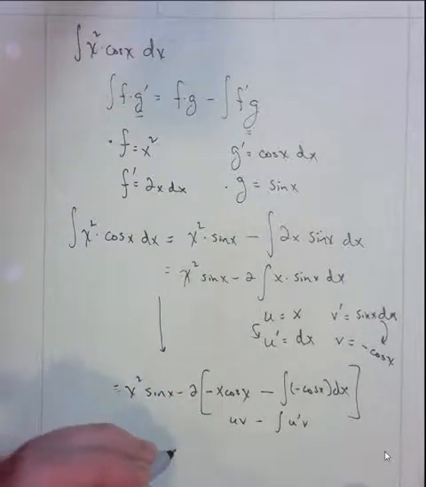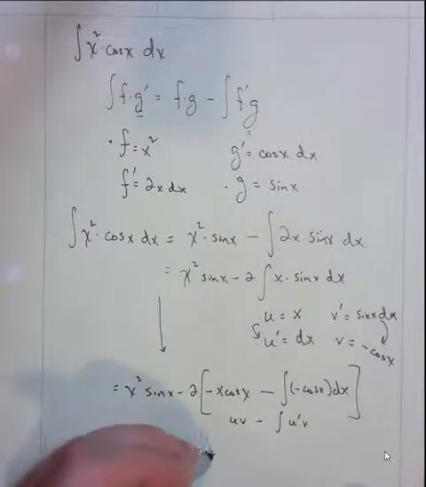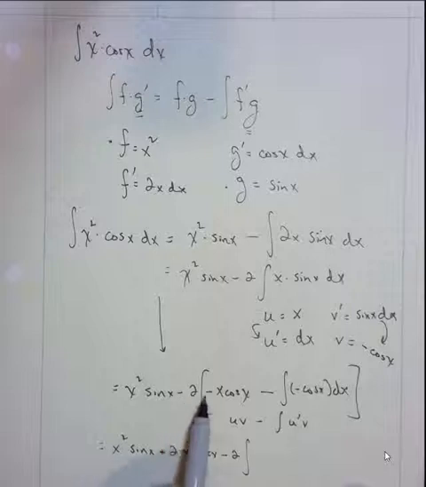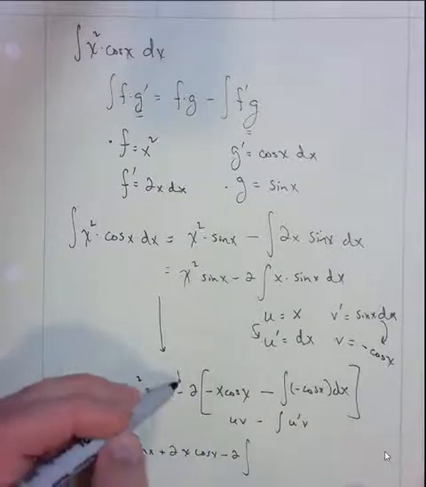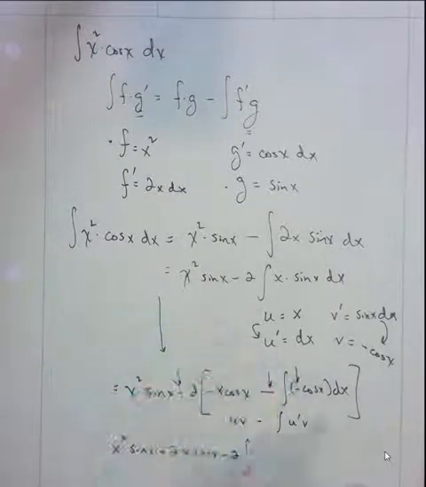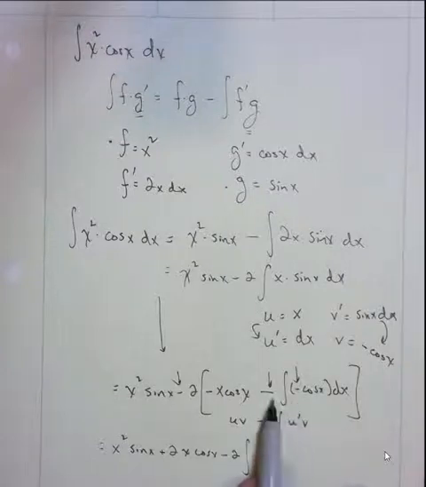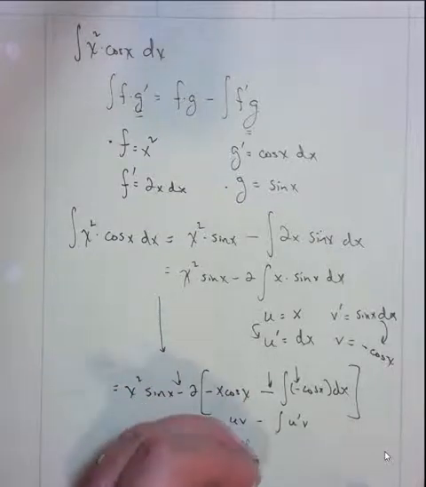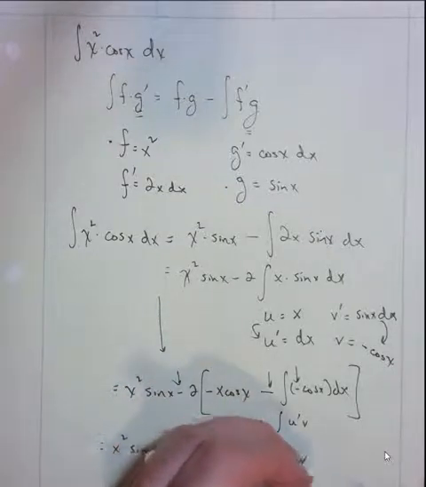Double minus sign. Double minus sign again. Ooh, no, triple minus sign. Look at that. One of them, two of them, whoops, one right here, and one right there. So these two minus signs will make a plus, but that minus sign leaves everything as minus. There's the 2 and cosine x dx.